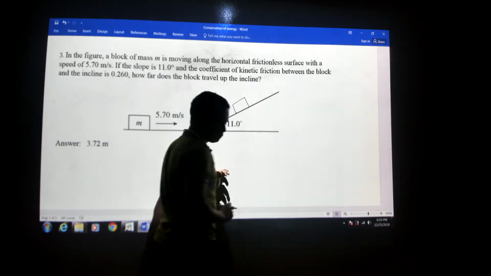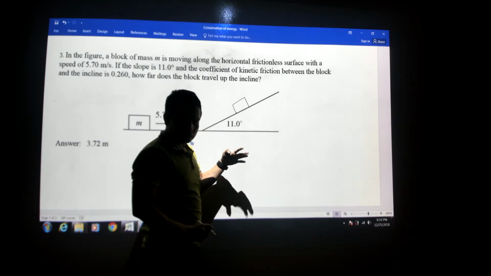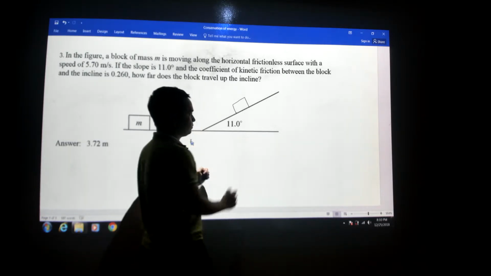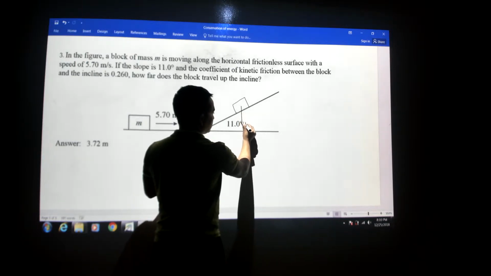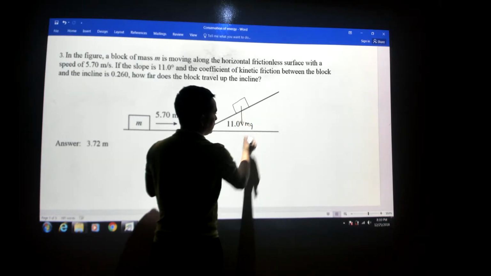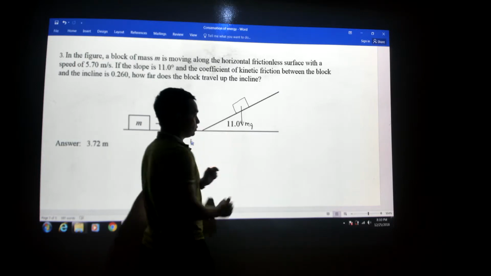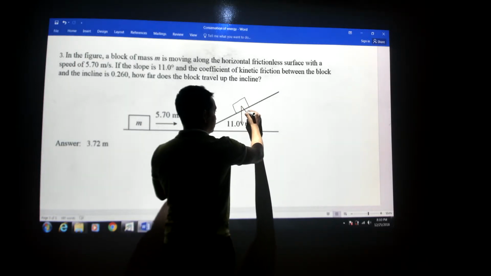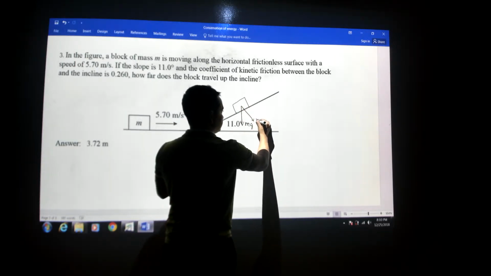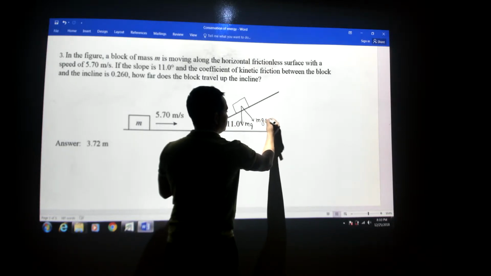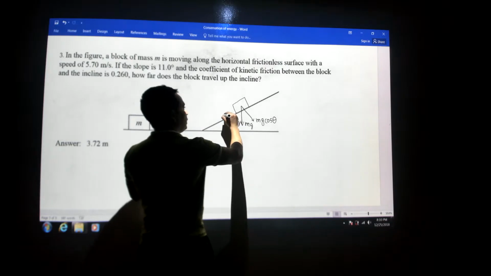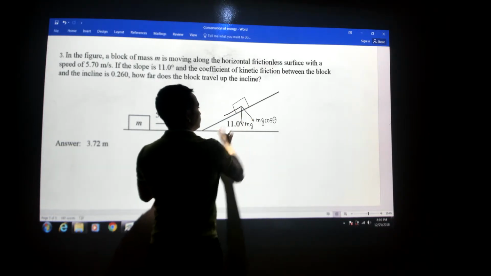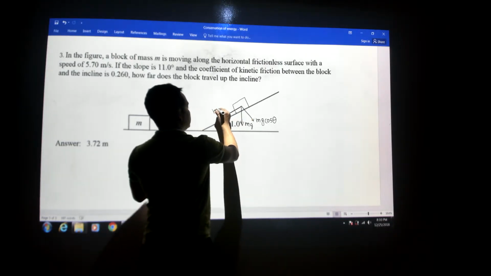The idea is just to draw all the forces onto this diagram. The force is always acting downwards, which is mg. We always resolve this force into two components. One is perpendicular to the surface, which is mg cosine theta, and along the inclined plane, which is mg sine theta.